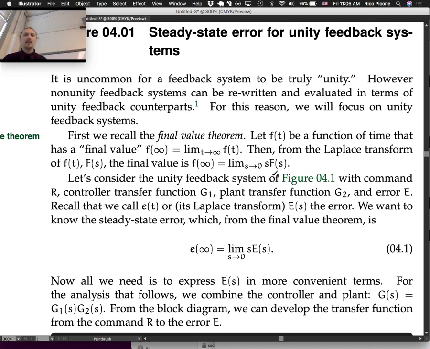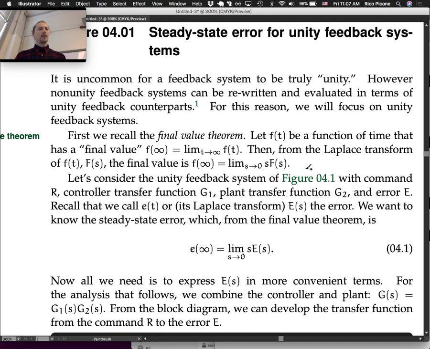Let f of t be a function of time that has a final value. So if you took the limit as t goes to infinity of f of t, you get f of infinity. Okay, so that's the final value.